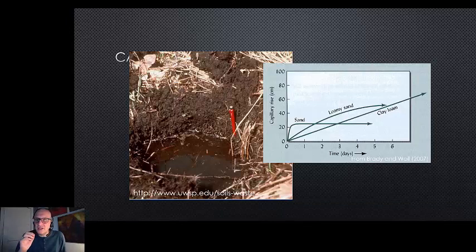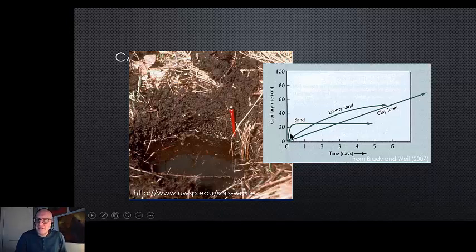The height of that capillary rise depends on the soil type. We've already seen that smaller pores or smaller tubes draw water up to greater heights, and the same is true of soil. So if you have a fine textured soil such as ours at Hazelrig, you're going to get a higher capillary rise than you will if you've got a sand.